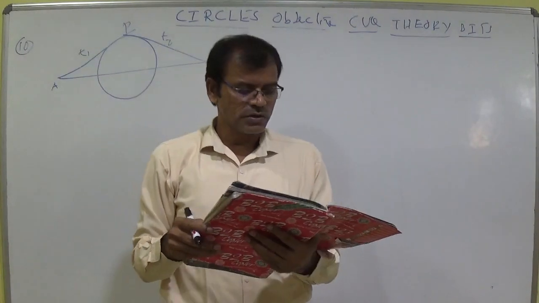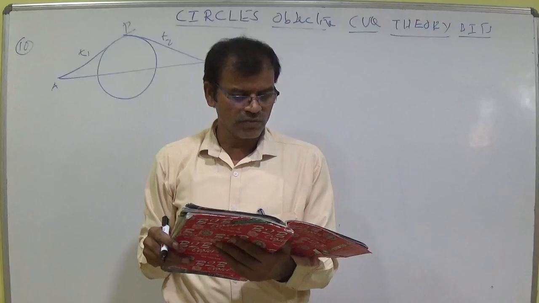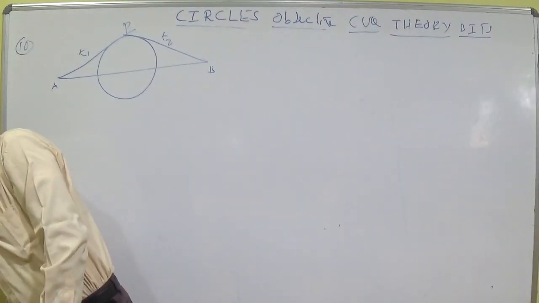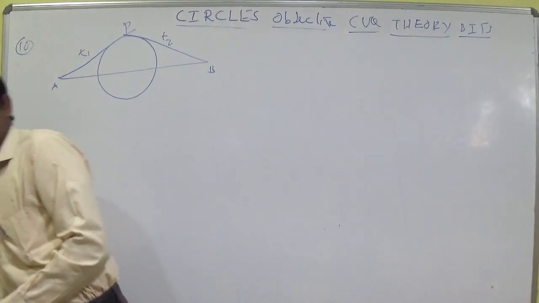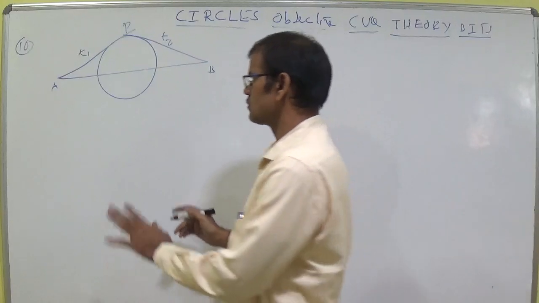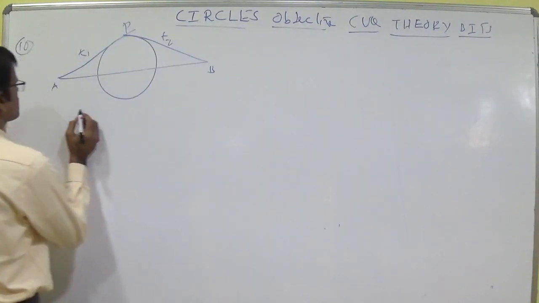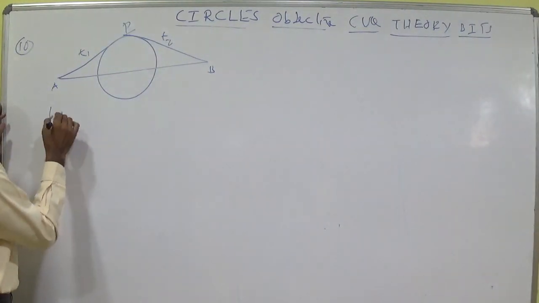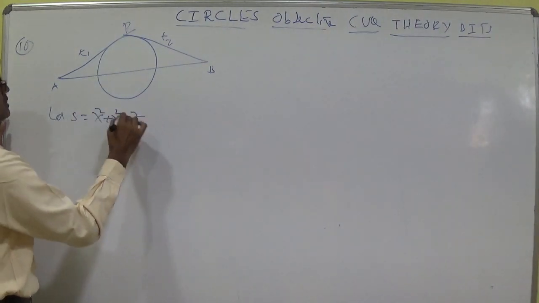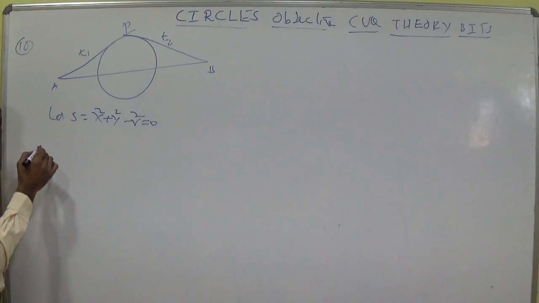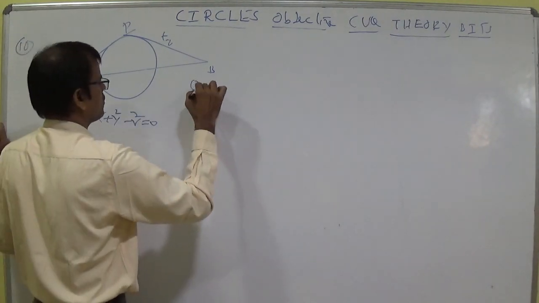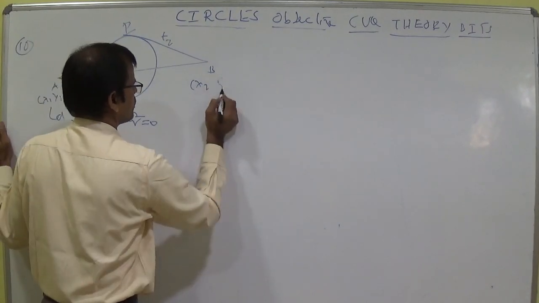If T1 comma T2 are lengths of tangents drawn from two conjugate points A comma B, then what is T1 square plus T2 square? T1 is length of tangent. So let circle S is equal to x square plus y square minus r square is equal to 0. Let A be x1 comma y1 and B be x2 comma y2.